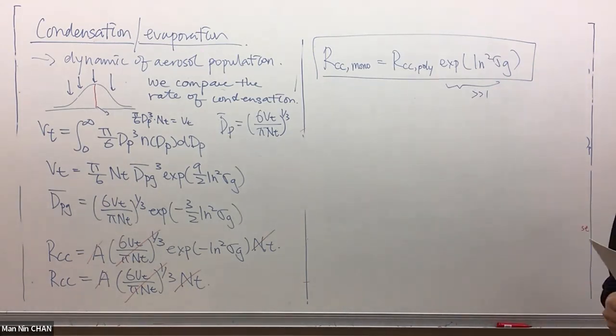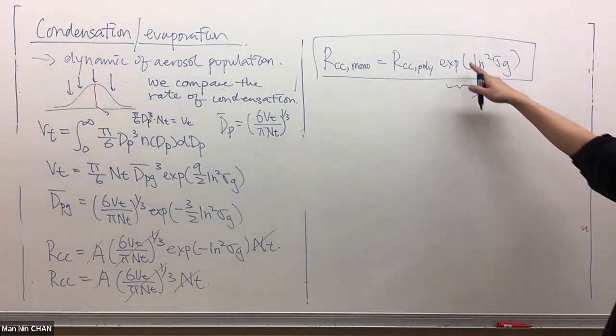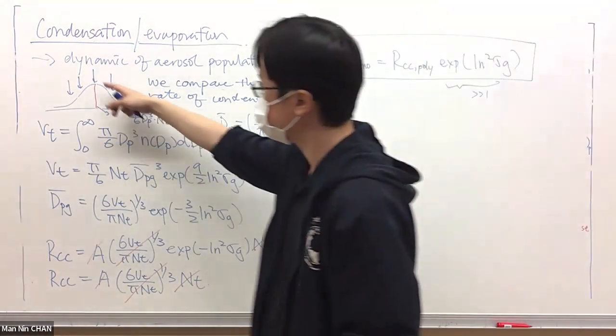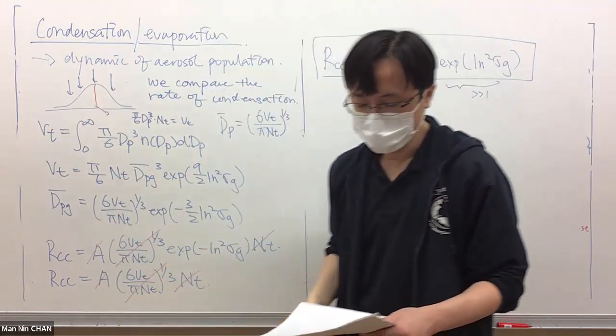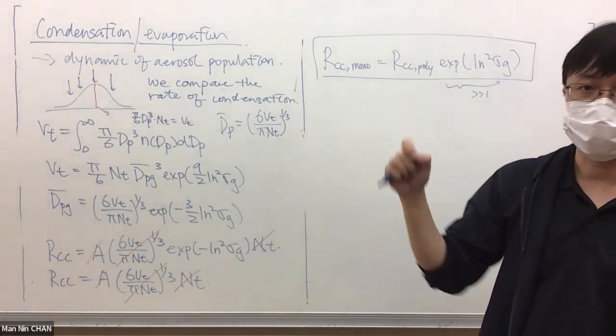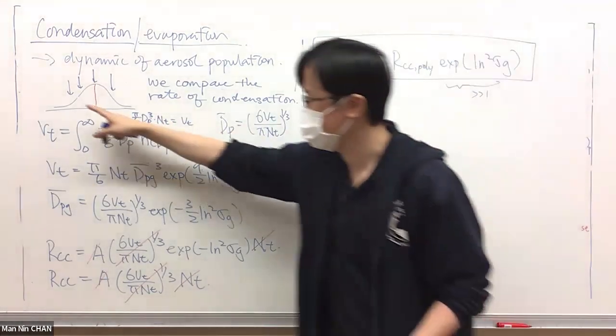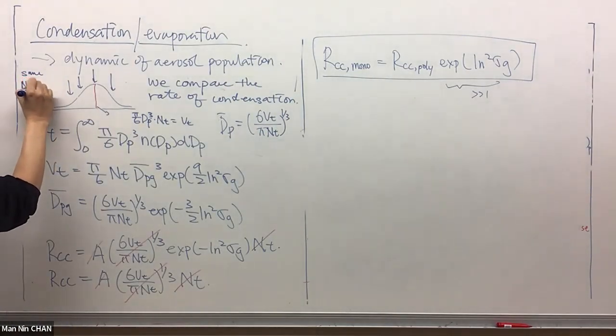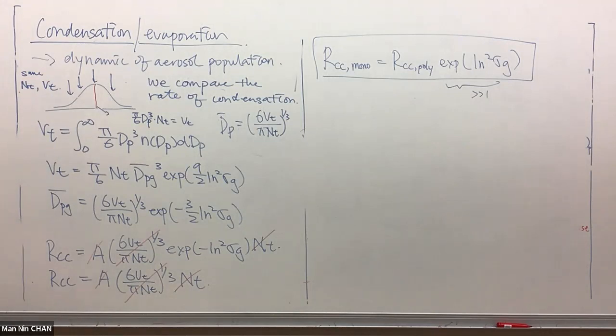So that means we can argue that the monodispersed population will have a faster condensation rate than the polydispersed population, because this term is always larger than 1. So overall, your monodispersed population will have a faster condensation rate than the polydispersed, assuming you have the same NT and VT in this case for discussion.